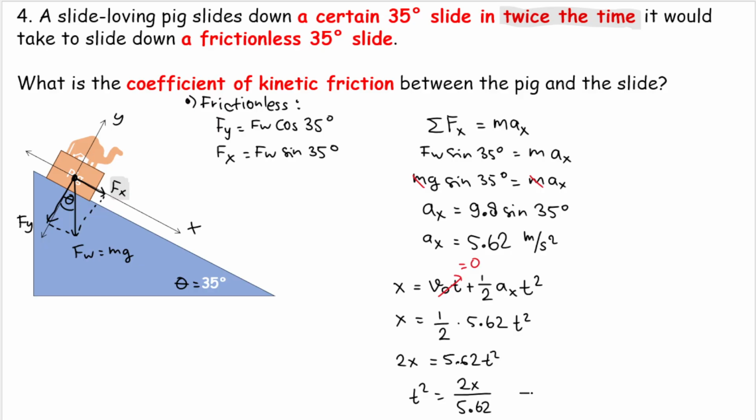Or we can just write this as the time when it is frictionless, which equals the square root of 2x divided by 5.62. Okay, and I think we need to save this here, right? So we will have to save this here.